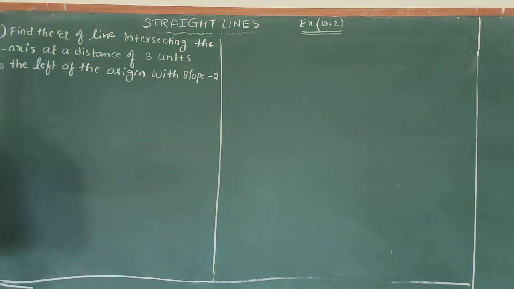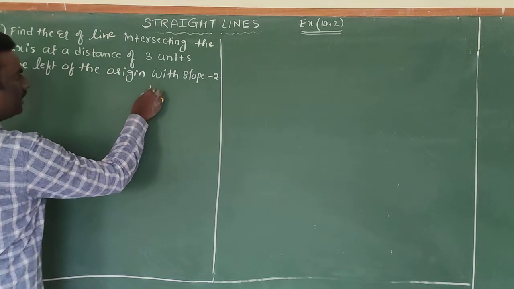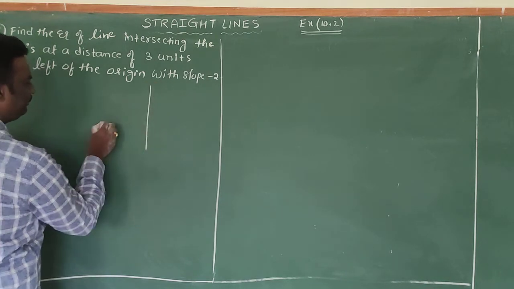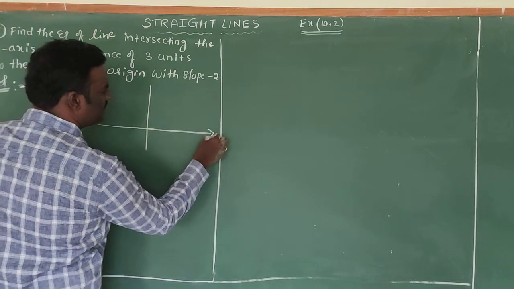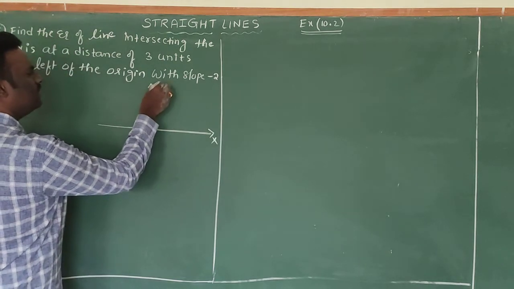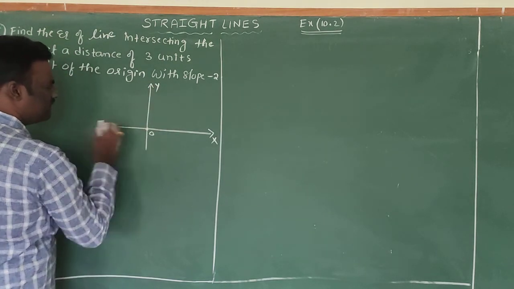So listen. Find the equation of line intersecting x-axis at a distance of 3 units left of the origin. So 3 units left of the origin means I will take a diagram. This is x-axis and this is y-axis and this is origin.